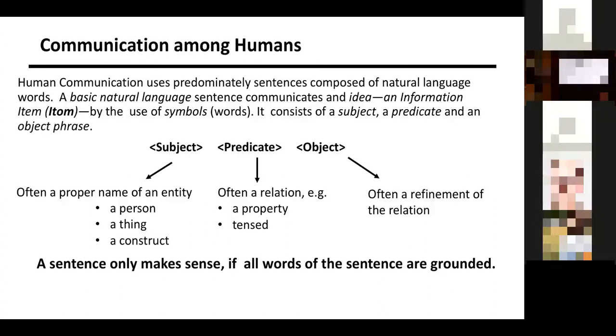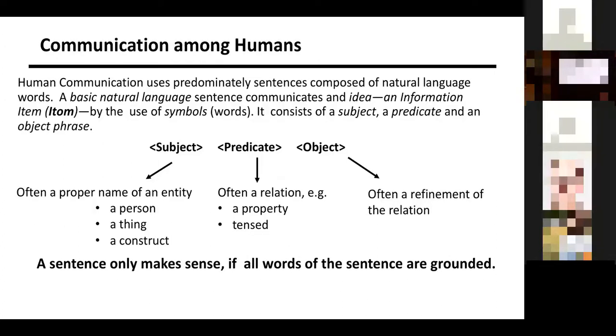And the subject can be a person, a thing, or a construct. A predicate will be a relation. And what is important in natural language is that the relation is very often tensed. In German, we call the predicate a Zeitwort. It means a word that expresses time. And then we have an object, which is a refinement of the relation given in the predicate.